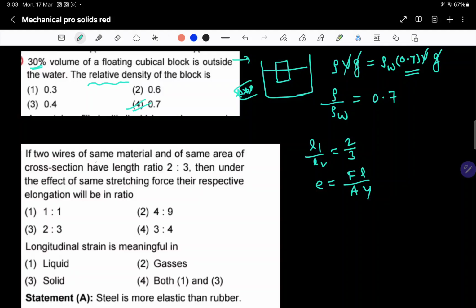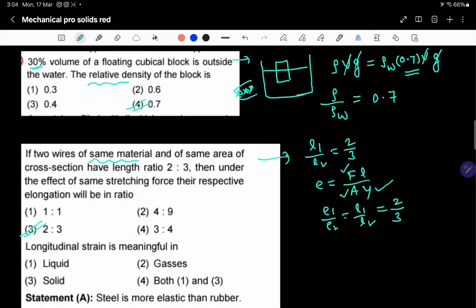Two wires of same material are given, that means Y is same, and same area of cross section, area same, length 2:3, under the effect of the same stretching force also. So elongation is directly proportional to length only. So E1 by E2 equals L1 by L2. L1 by L2 is already given as 2:3. So the ratio of elongations is also 2:3. Okay, students.